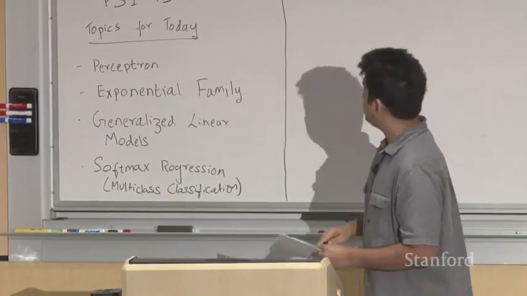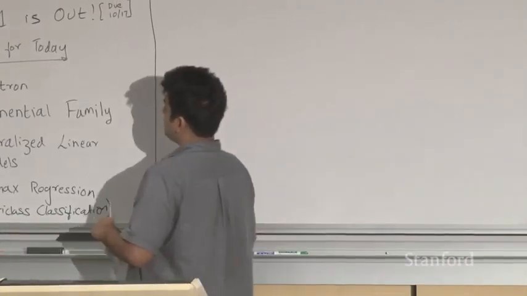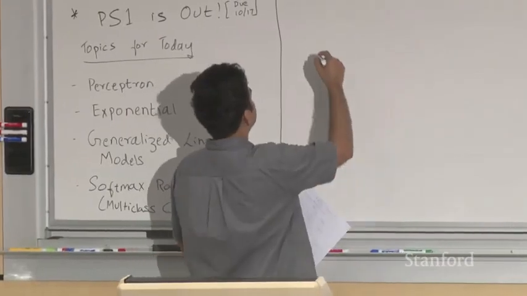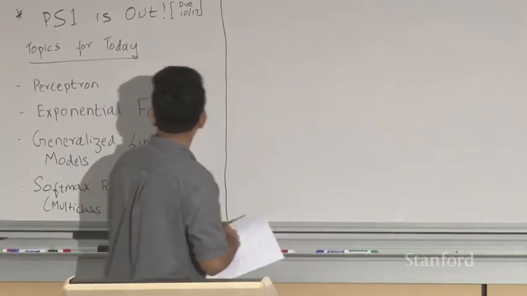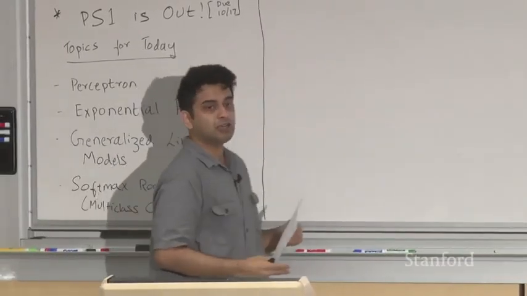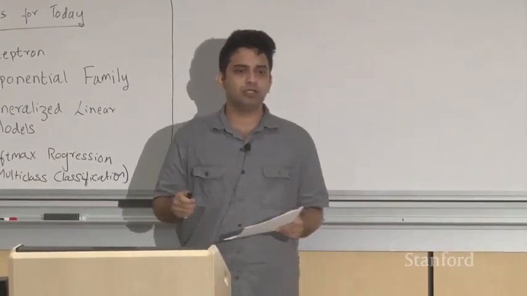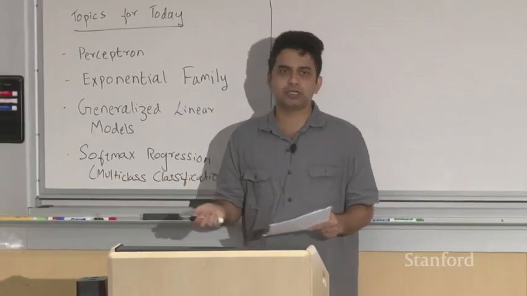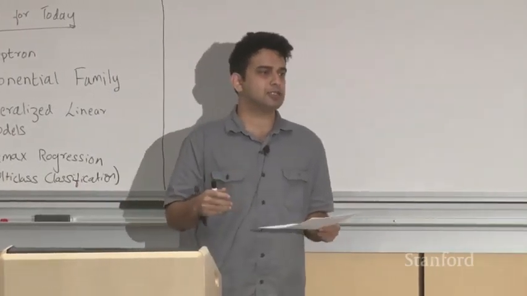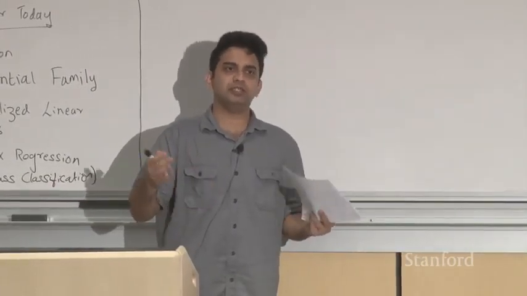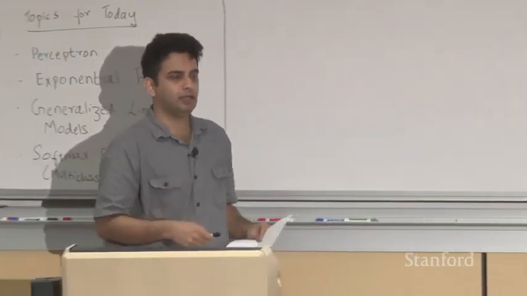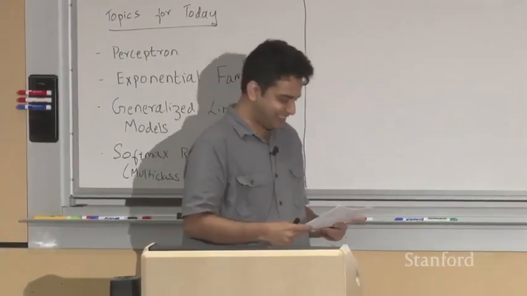First of all, the Perceptron algorithm is not something that is widely used in practice. We study it mostly for historical reasons, and also because it's nice and simple, and it's easy to analyze, and we also have homework questions on it.